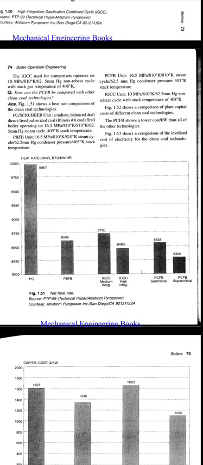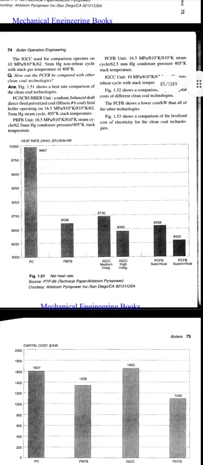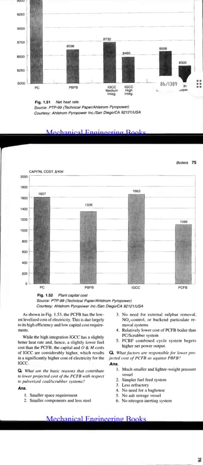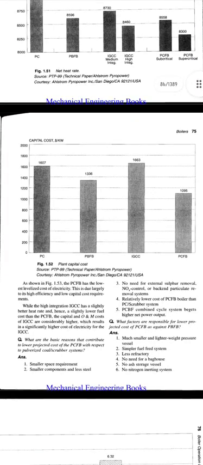The heat rate for PC is very high, IGCC medium is next highest. Capital cost: in the next diagram we can see the plant capital cost. PC and IGCC are about the same level. IGCC is highest and PCFB is lowest. PCFB is medium.